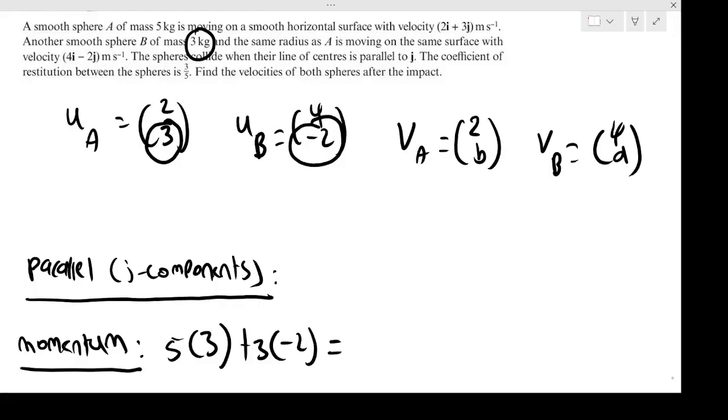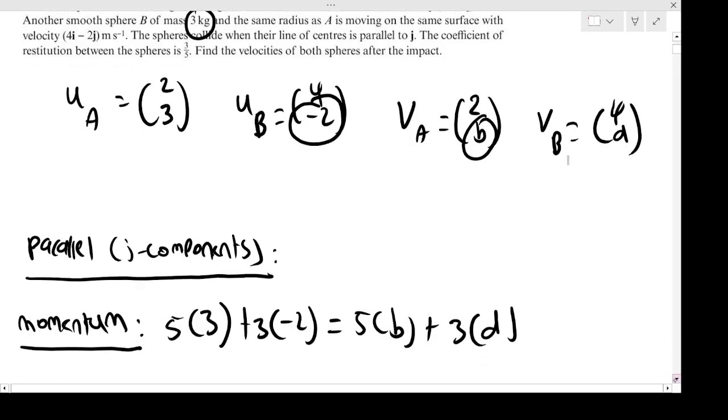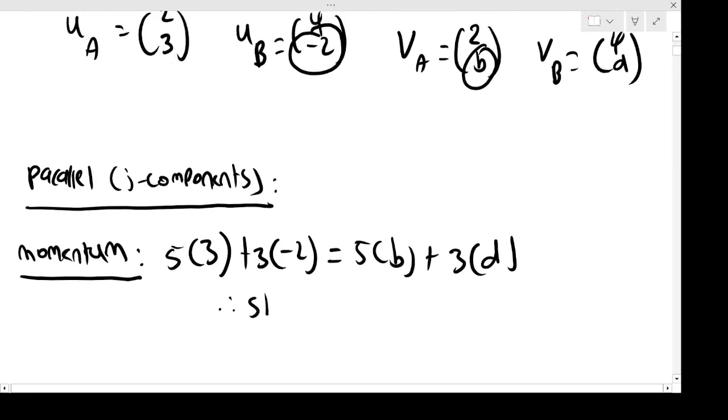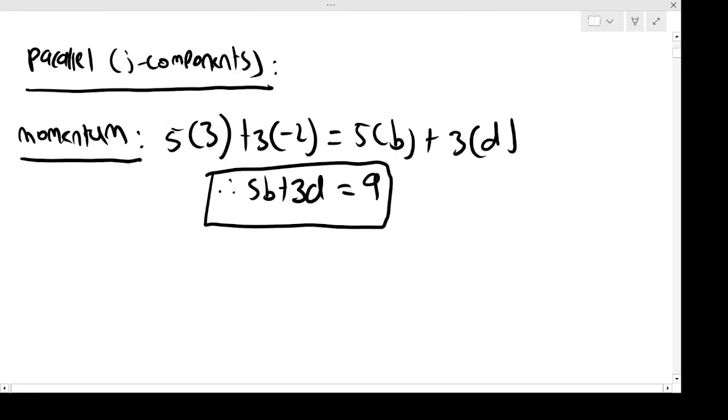Okay. Then afterwards, for A, it's going to be mass of 5, lots of the J component B. Then for B, it's going to be mass of 3, lots of the J component D. Okay. And so I get this equation here. So if I simplify it, I get 5B add 3D is 15 minus 6, which is 9. Okay, hopefully happy with that. Okay, so I'm just doing momentum to the J parts.